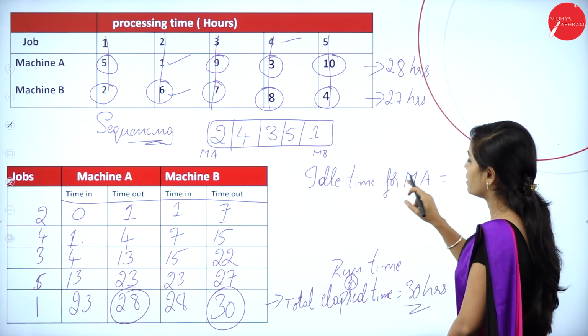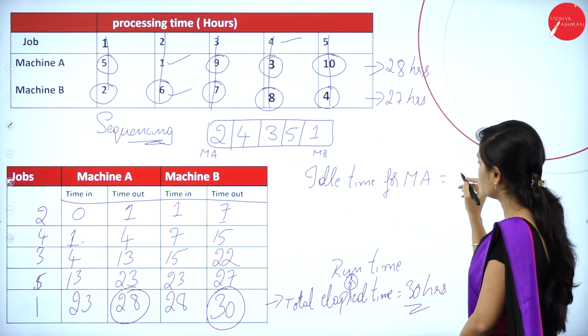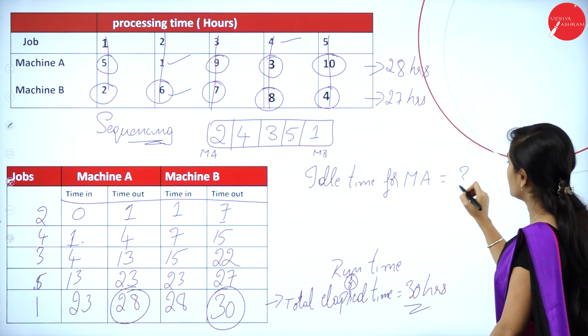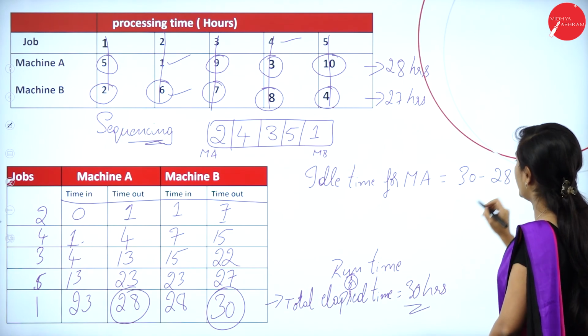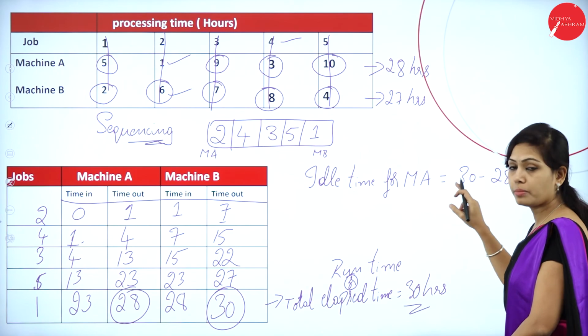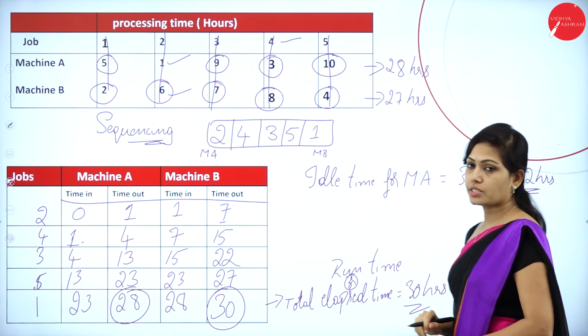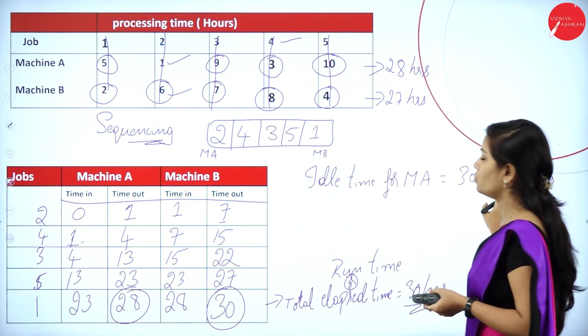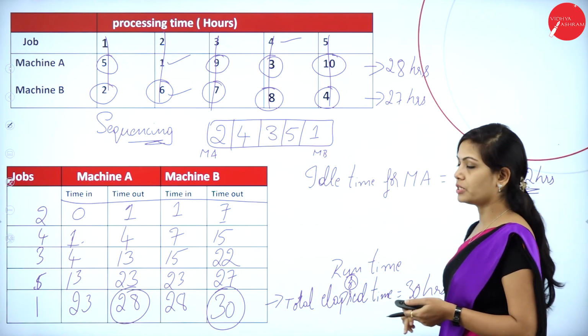So idle time for machine A is equal to elapsed time minus processing time, that is 30 minus 28, is equal to 2 hours. So wasting time on machine A is 2 hours. That is idle time for machine A.